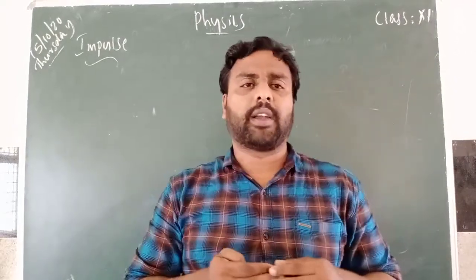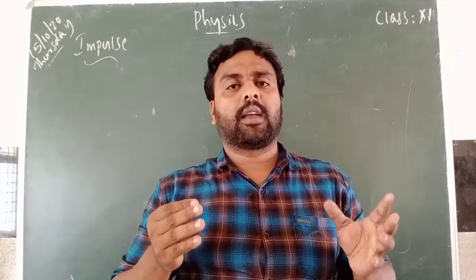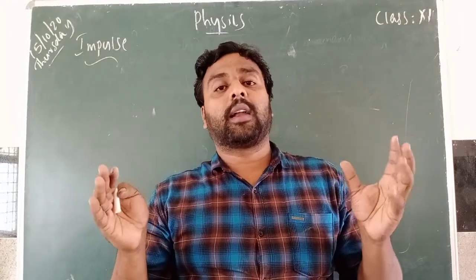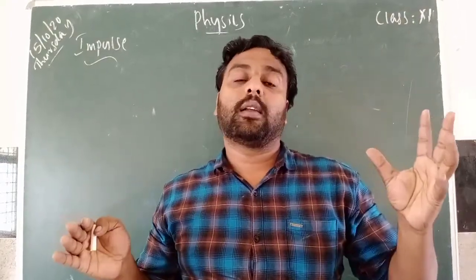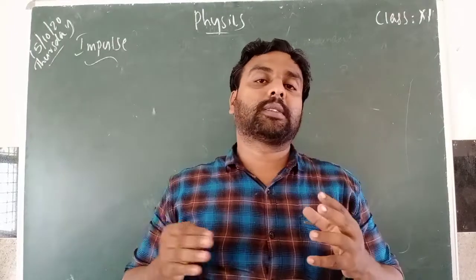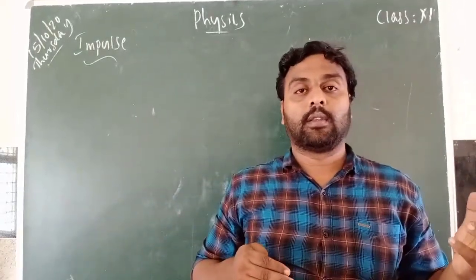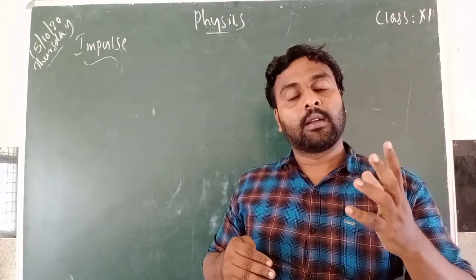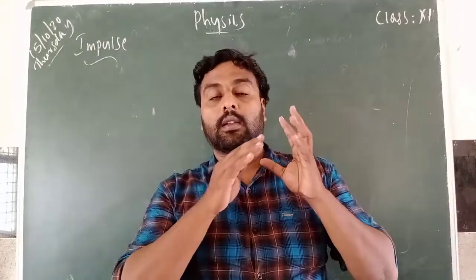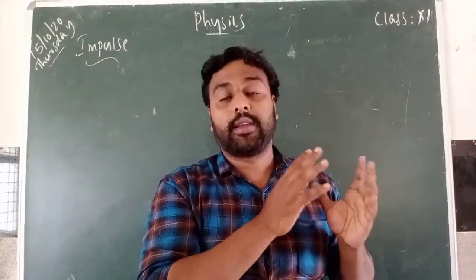Why is this happening? When we compare the bike and the big vehicle, the bike's weight is much smaller than the big vehicle's weight. Even then, the big vehicle gets damaged.